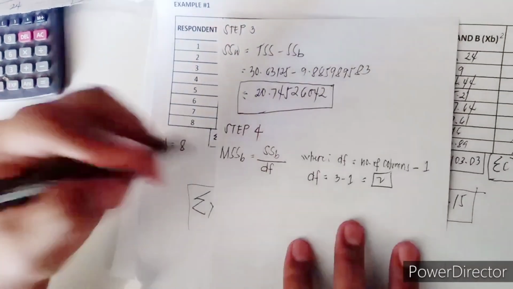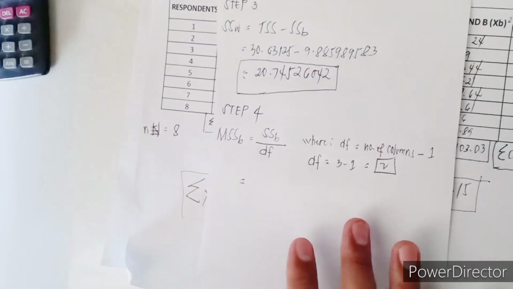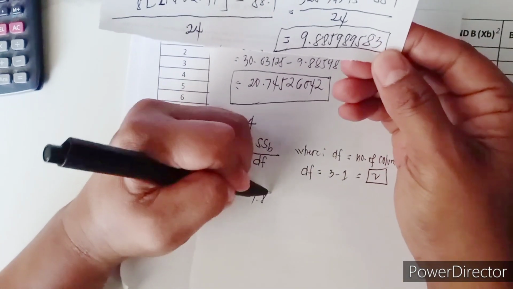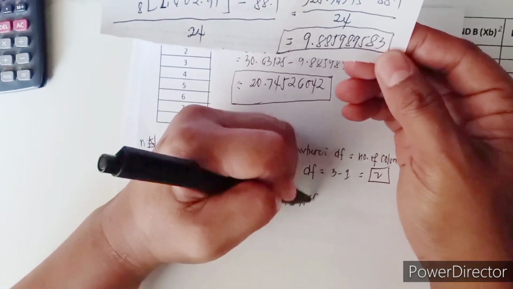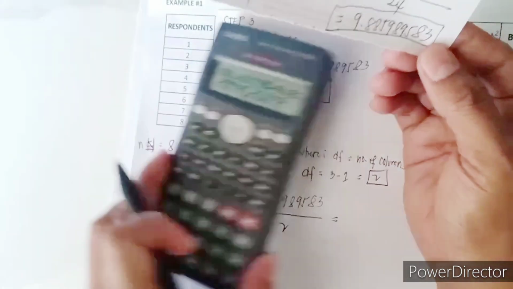Alam na po natin ang SSB natin. Our SSB is equal to 9.885989583 all over 2. Tama, ma'am? Yes.